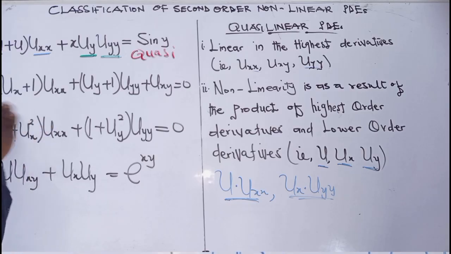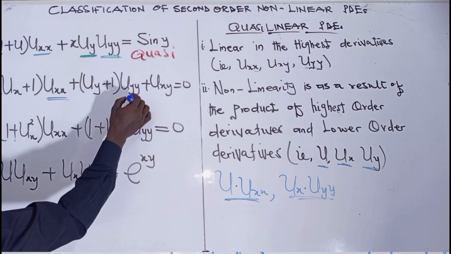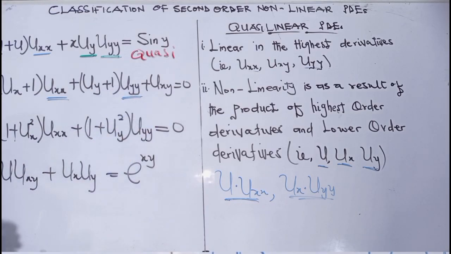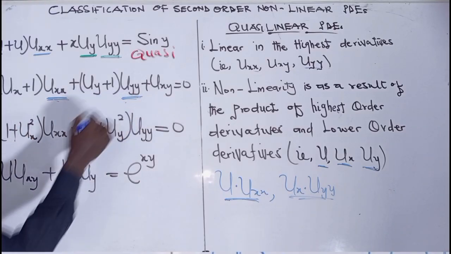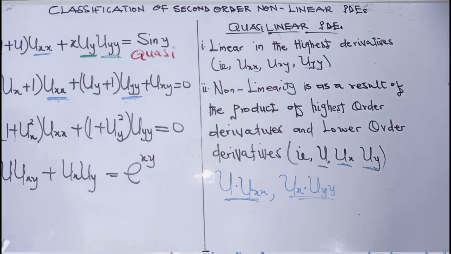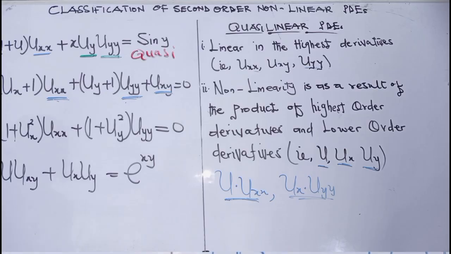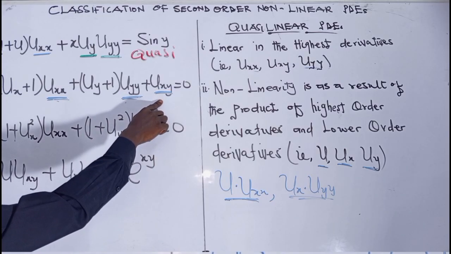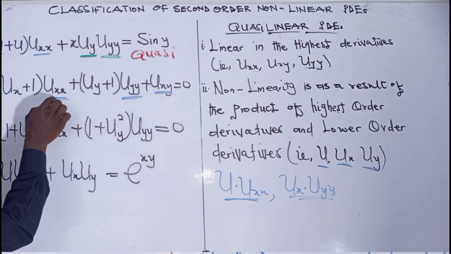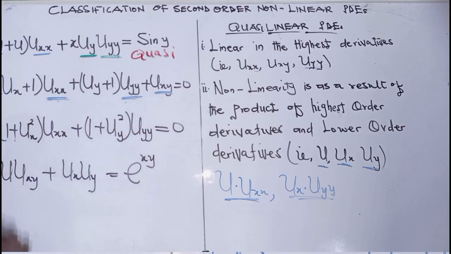Now let's look at the next equation. As I said, our concentration is on the highest derivative. So in this PDE we have a second order PDE, so the highest derivatives are second order derivatives, and you can see that these are all linear. We also have this, which is also second order, so we have this and that. All of them are linear, and I believe you can see that.